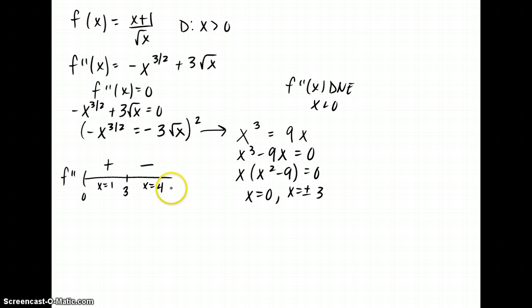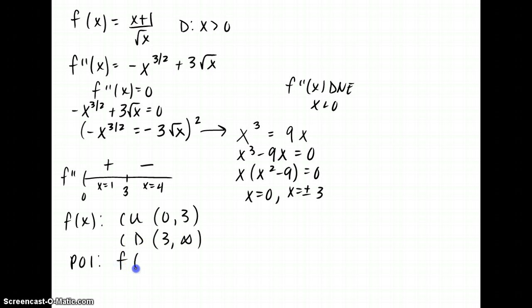So that would give me a negative interval there. So function concave up from 0 to 3, concave down from 3 to infinity, and then a point of inflection. Plug 3 back into the original. It's not pretty, but it's an answer nonetheless.